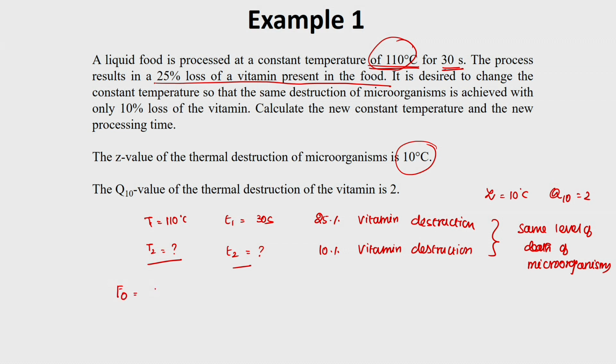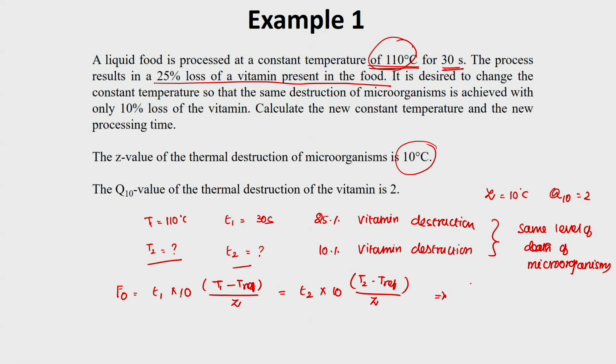This is nothing but t1 into 10 to the power of (T1 minus T reference) upon Z. If I want the same F0 value, which is what they are supposed to tell, the same destruction of microorganisms, then t2 into 10 to the power of (T2 minus T reference) upon Z.